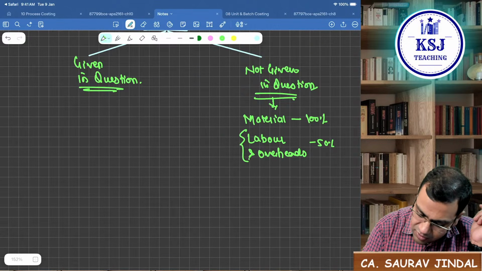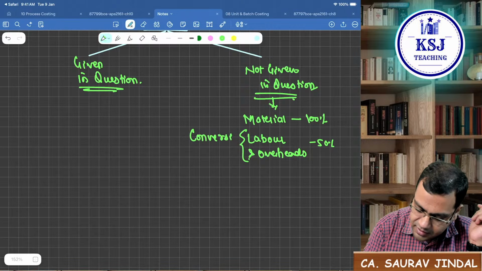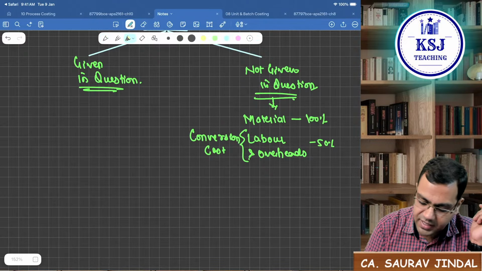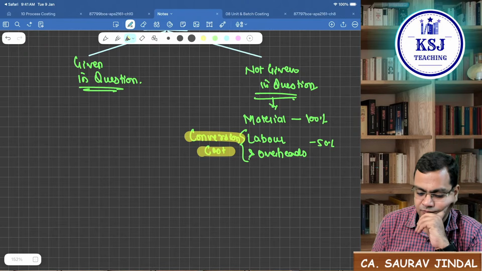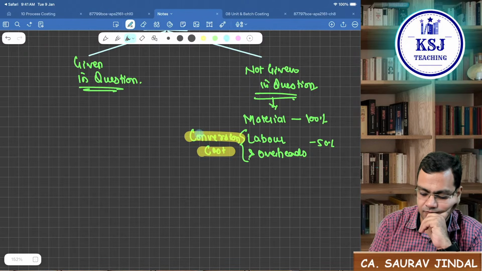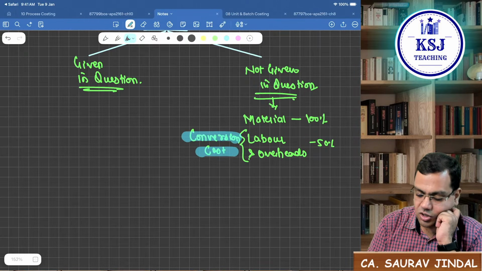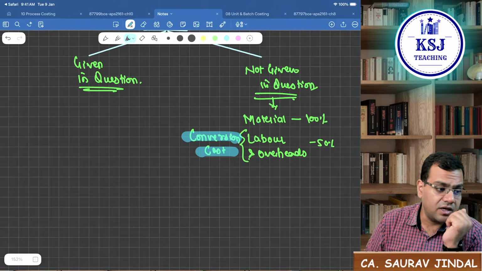This labor and overheads is called conversion cost, that is the cost incurred to convert the material into finished goods.